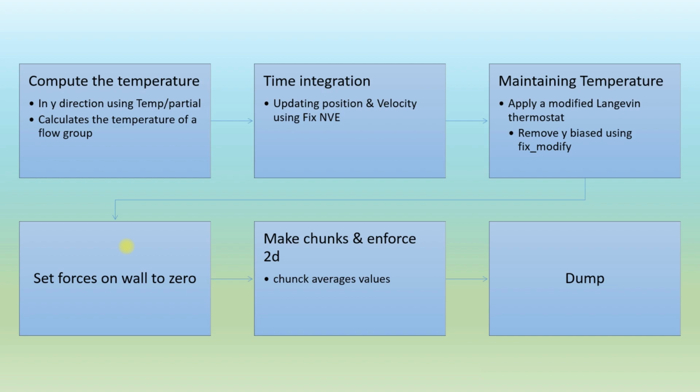We are also calculating the temperature of the whole group of moving fluid. We are thermostating the temperature governed by the y component of velocity, removing the bias, and also updating the position and velocity of the whole system. By binning the system, we are able to study the effect of shearing on each layer individually. And we are dumping the snapshots so that we can visualize them later with other software.